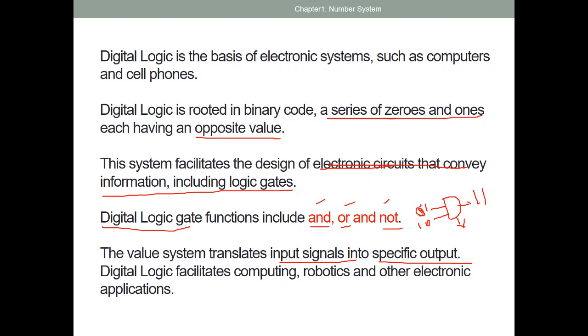The final output is 1, 1. So this is an example of a circuit. The value system translates the input signal into a specific output. This is the input signal, and it will convert this input signal to a specific output.